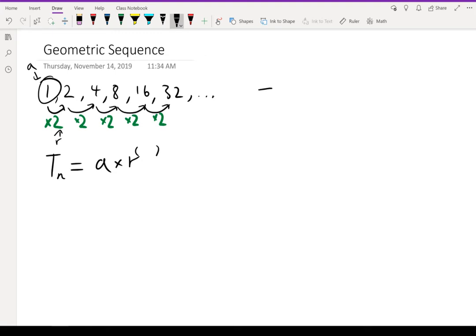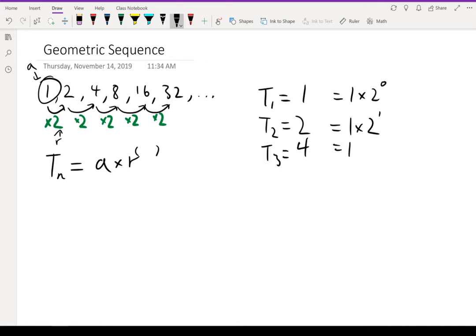If we look at t1, that's our first term, that's just 1, which is the same as 1 times 2 to the power 0. And then t of 2, the second term, is equal to 2, which is the same as 1 times 2 to the power 1. And then term 3 is 4, which is the same as 1 times 2 squared.